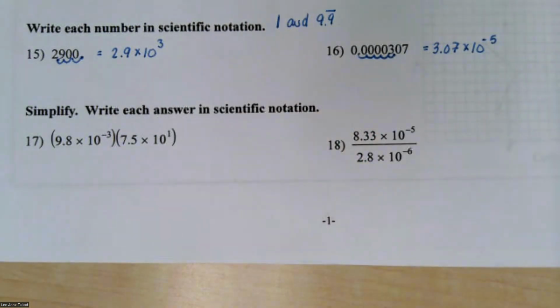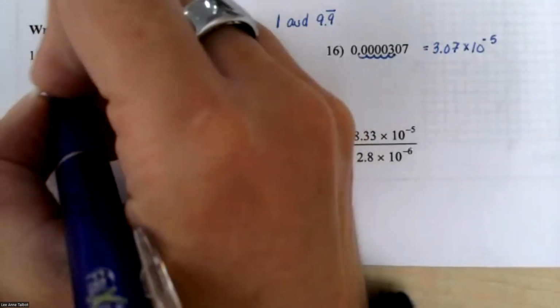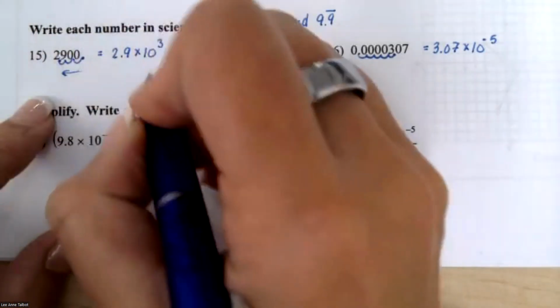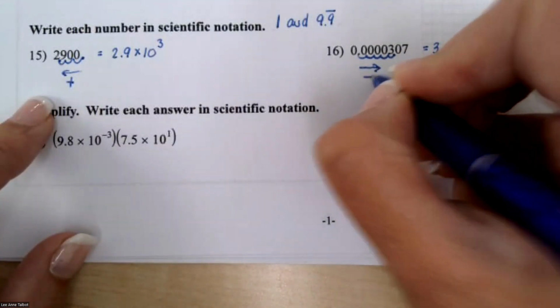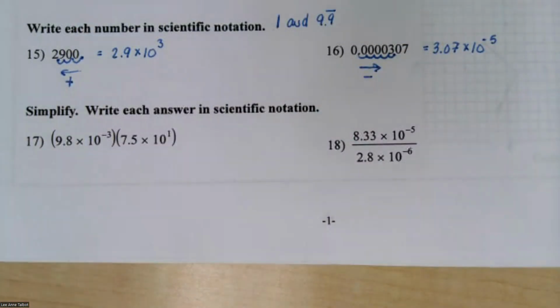So times 10 to the negative 5. So if you want to think about it, moving the decimal this way is a positive exponent, and moving the decimal this way is a negative exponent. If you want to think of it that way, you can. Do you like that? Okay.